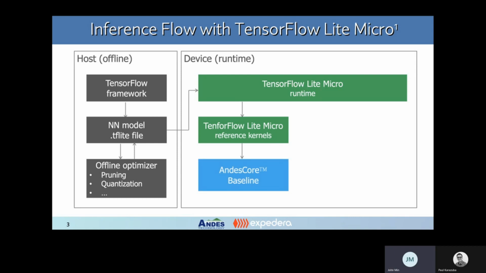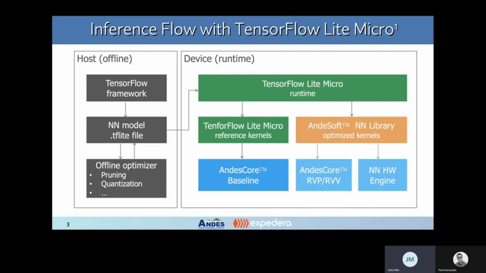For example, as a baseline, the CPU runs the reference kernels. It may not run in real time. It may run at a different time. To accelerate that, we use some advanced libraries, software with advanced cores that could accelerate AI performance. Or we rely on companies like Expedera to supply a neural net specific hardware engine.